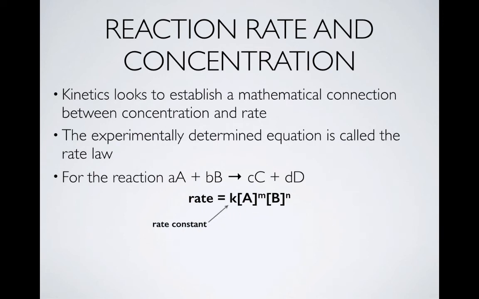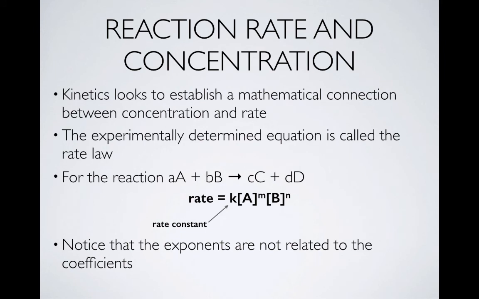Now that K that's there is called a rate constant. And the exponents that we have there, m and n, notice that they are not part of the overall reaction. M and n are two values that have to be determined experimentally. We call m and n reaction orders.